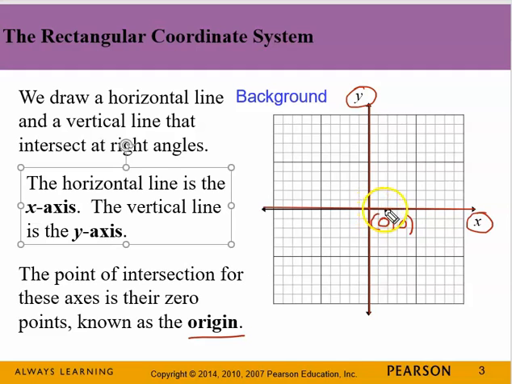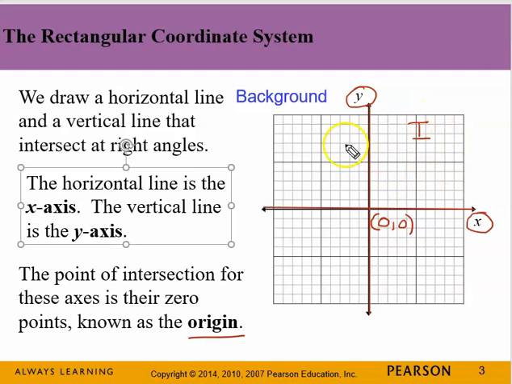And going to the right here, these would be positive values. Going to the left, these would be negative values. And then moving up from this point, positive values, below negative values. This also divides the graph into 4 quadrants that we can number 1.